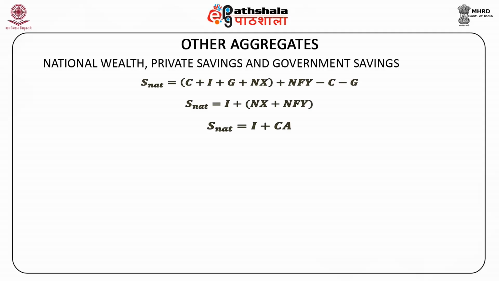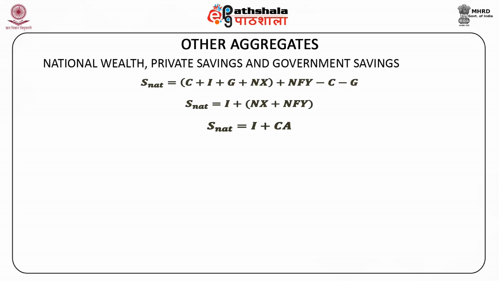The terms in the brackets in the above equation is the current account balance, which is the sum of net exports and net factor income from abroad. So we can say that national savings is equal to investment plus current account balance.